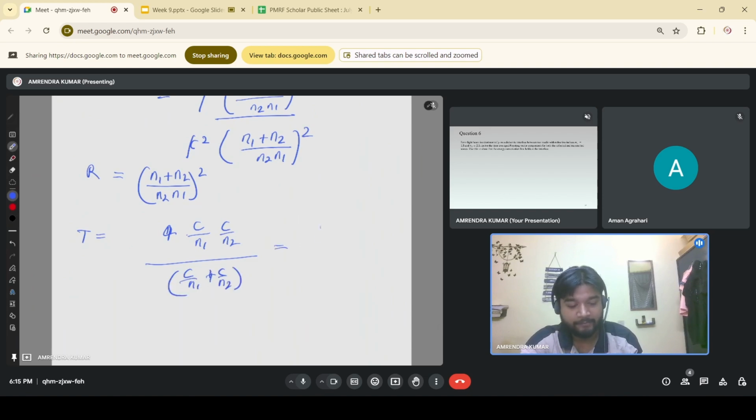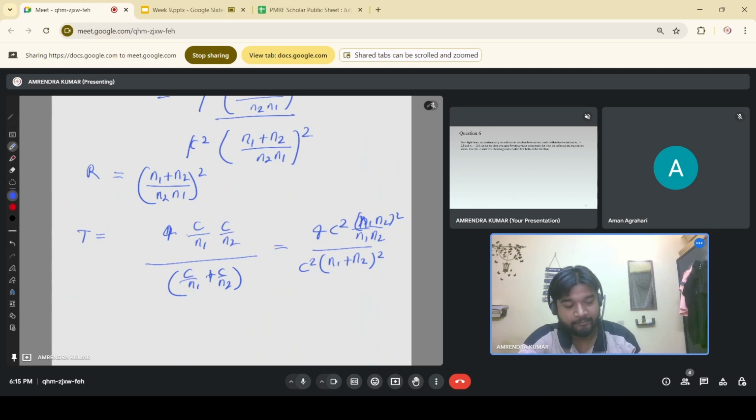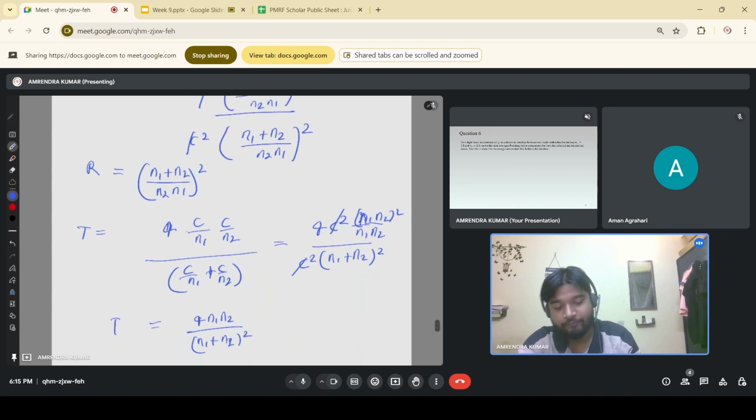It can be simplified with 4c square n1 n2 over n1 plus n2 whole square into n1 n2 whole square, because c square will be taken out, so it will be 4 n1 n2 over n1 plus n2 whole square. This is the transmittance.